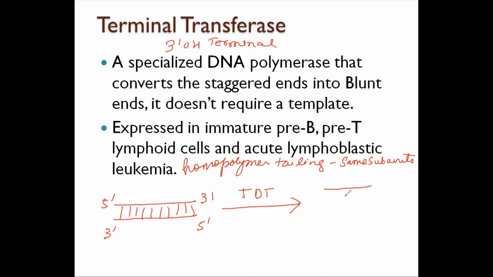How will it look now? Let me take a different color for this. For example, if it's adding C, C, C, C, C, this is the 3' terminal. If this reaction is carried out in the presence of just one type of deoxynucleotide, a homopolymer tail is produced.